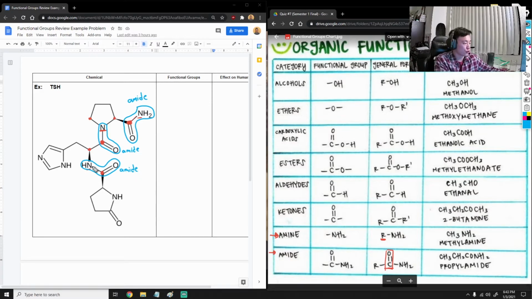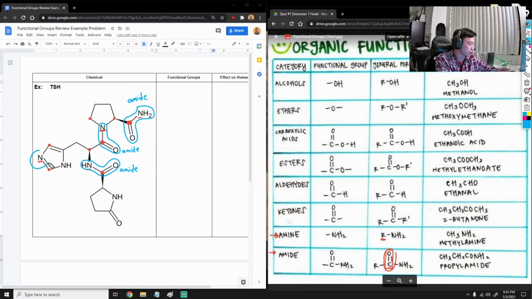Before we go down all the way, let's go to the left. If you go to the left, you're going to notice that there are two different nitrogens. This nitrogen all the way on the left is connected to a carbon and a carbon, but neither of these carbons are double bonded to an oxygen, which means that this is going to be an amine.